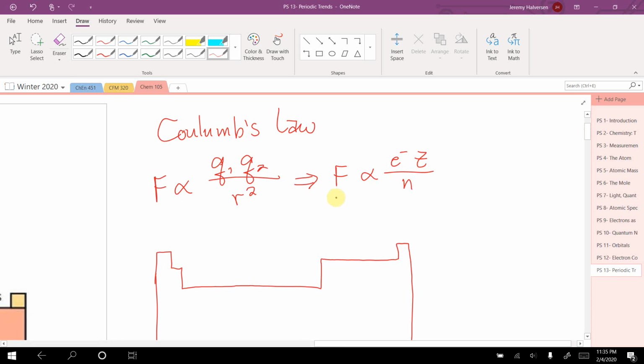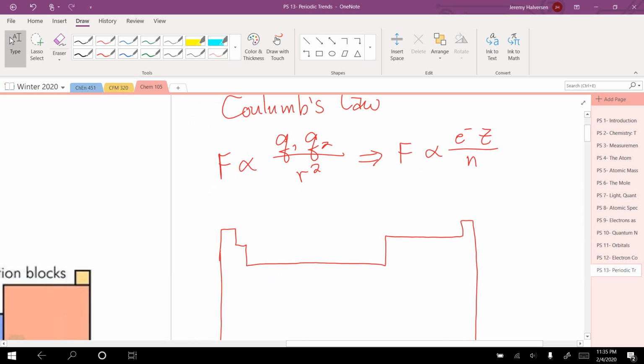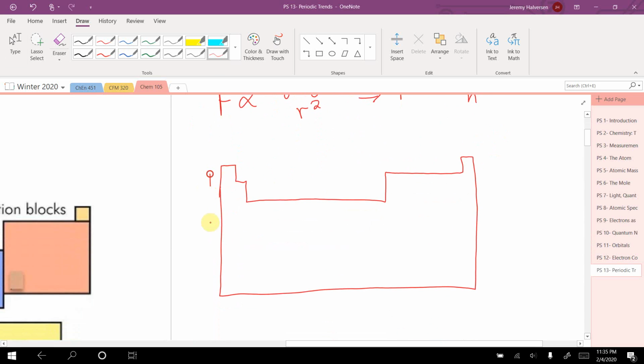And so I'm now going to take this adjusted Coulomb's law, and I'm going to use it as rationale for some of these periodic trends. So we know that as we go down the periodic table, our n level increases, right? What happens when we go across the periodic table? Does n level change? It doesn't. And so n, that distance, is what we're going to use to describe periodic trends when we're comparing things up and down.